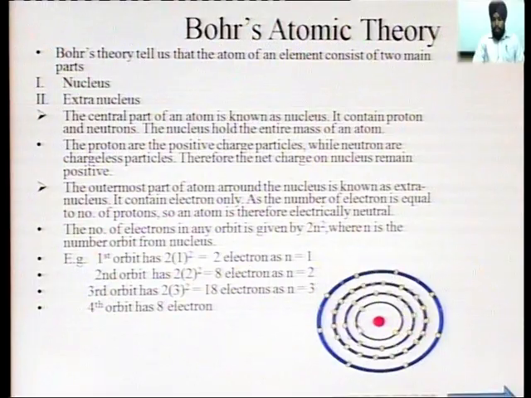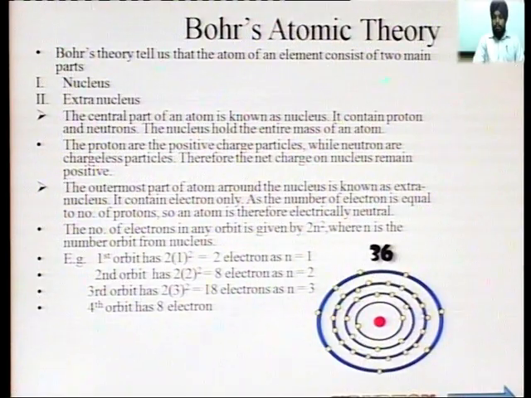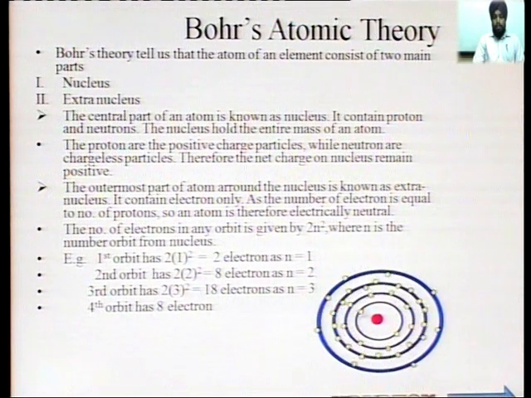This blue line is representing the orbit, or you can say shell. So, if you see in the first shell, the number of electron is 2, in the second shell number of electron is 8, in the third orbit number of electron is 18, and in the last orbit number of electron is 8. So, student, the electrons in the extra nucleus part revolves around the nucleus in definite shell.